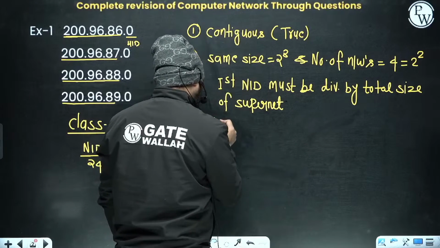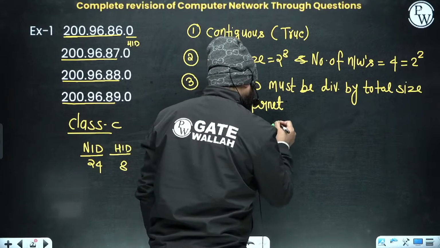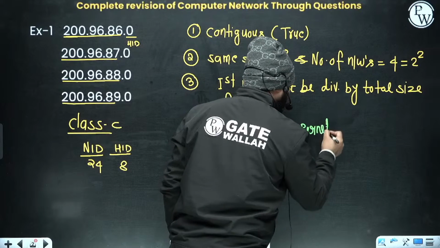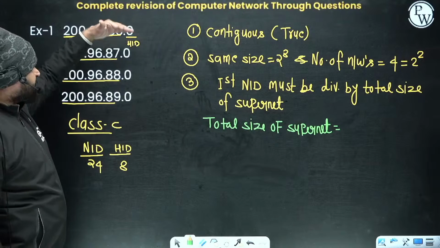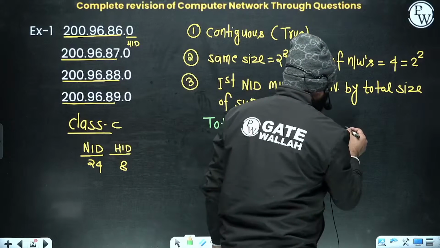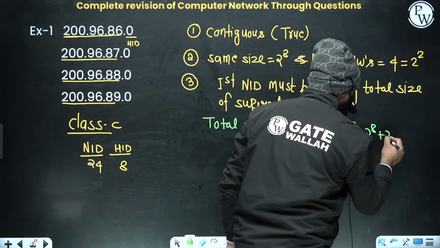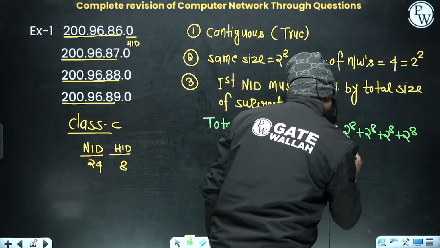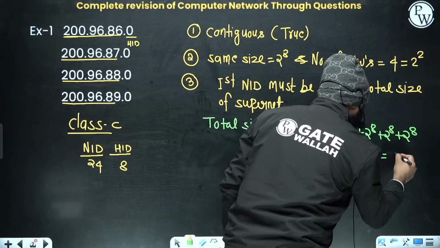If we combine all four networks, each has 2 power 8 IP addresses. So the total is 2 power 8 plus 2 power 8 plus 2 power 8 plus 2 power 8, which is 4 into 2 power 8, and that is 2 power 10.